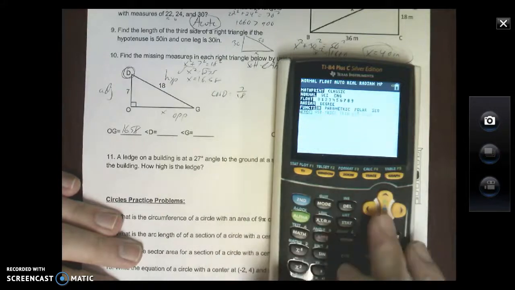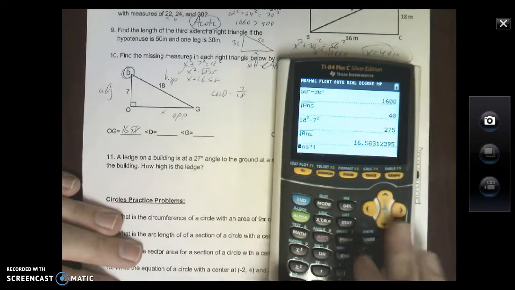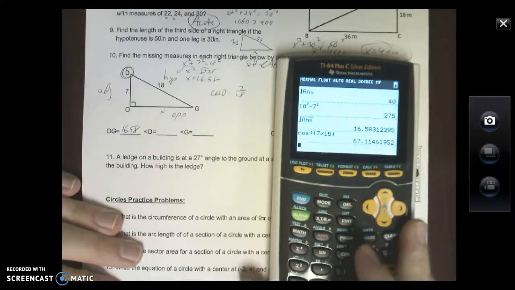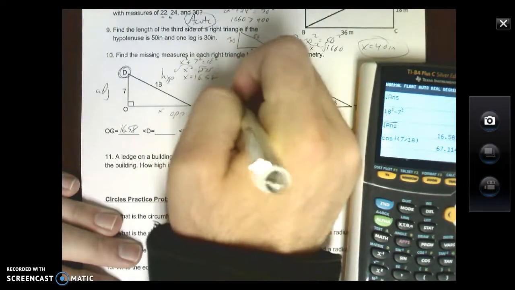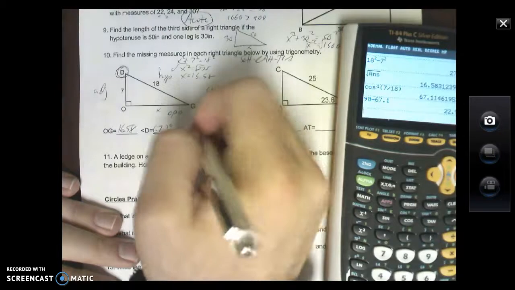I have to make sure I'm in degree mode, there we go. Second cosine, 7 over 18, 67.11, or 67.1 degrees. And to find the other one, I'm just going to do 90 minus 67.1, 22.9.